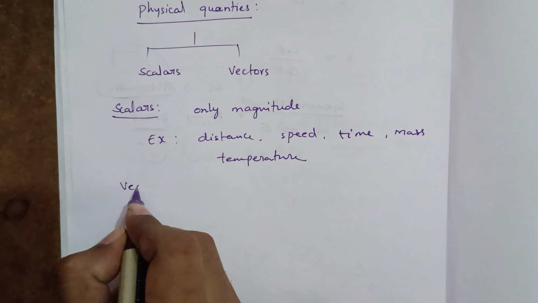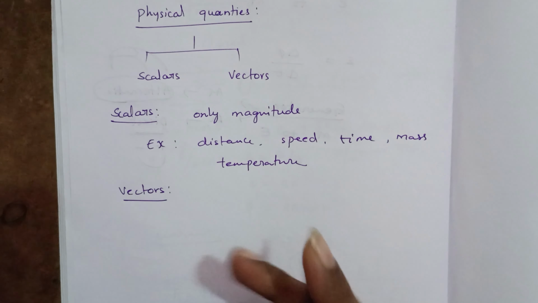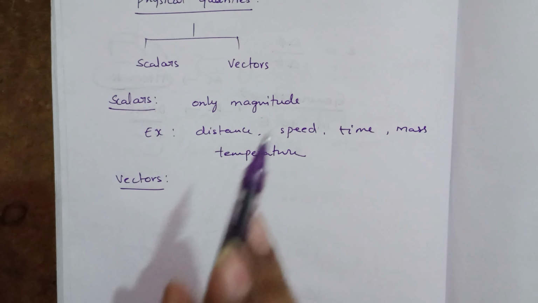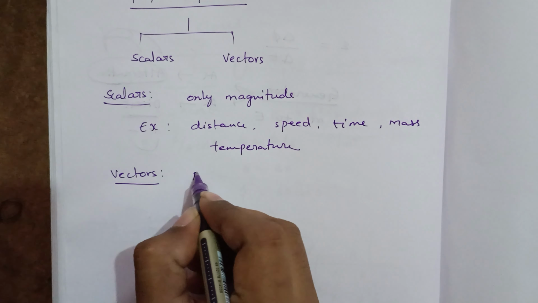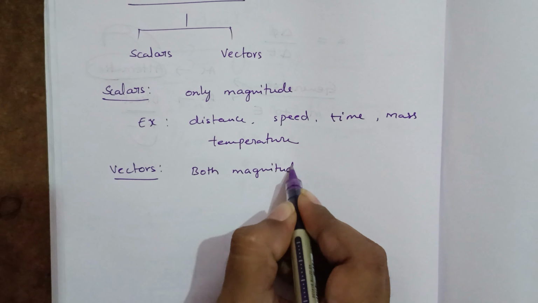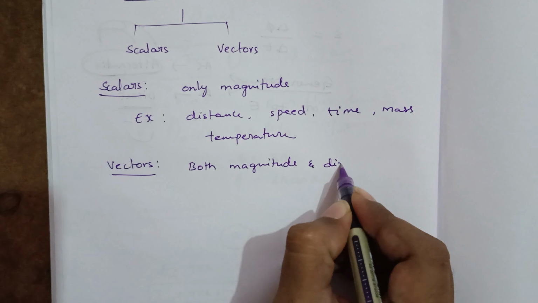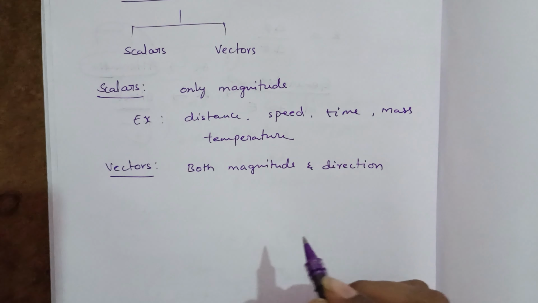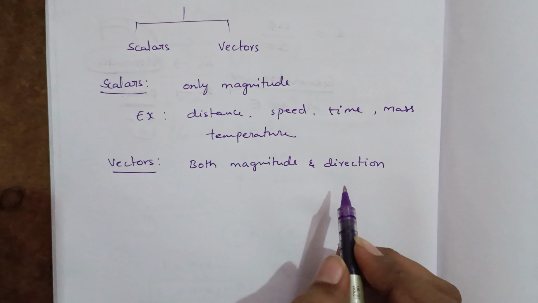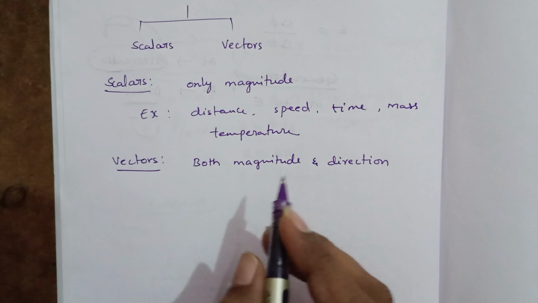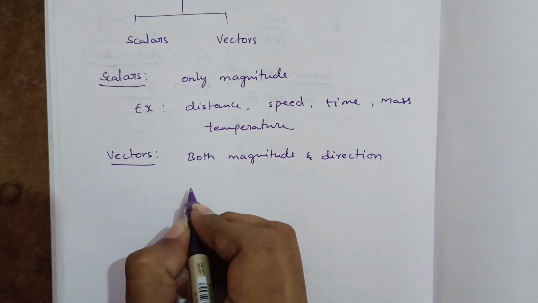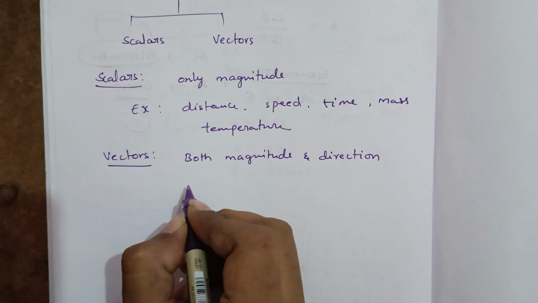Now vectors means physical quantities which have both magnitude and direction. With these two, they should obey laws of vector addition.